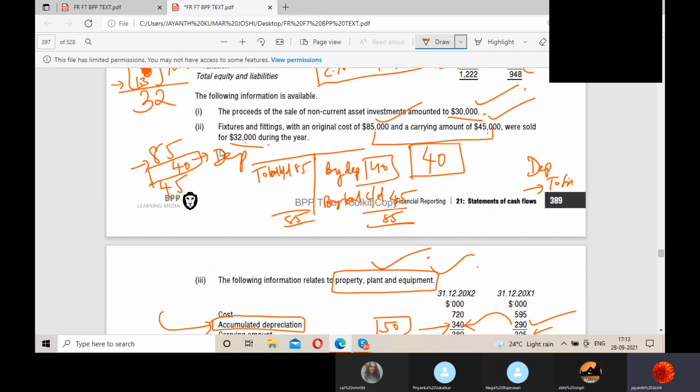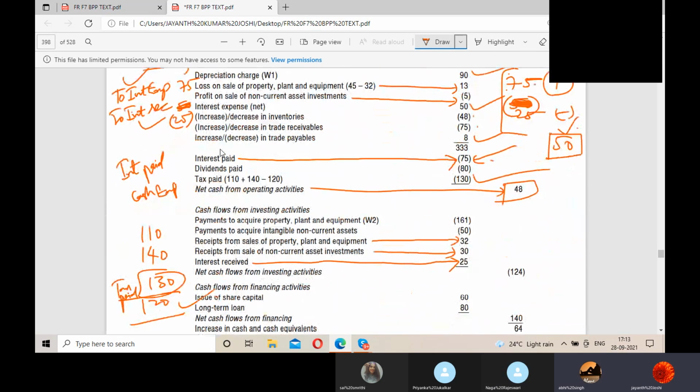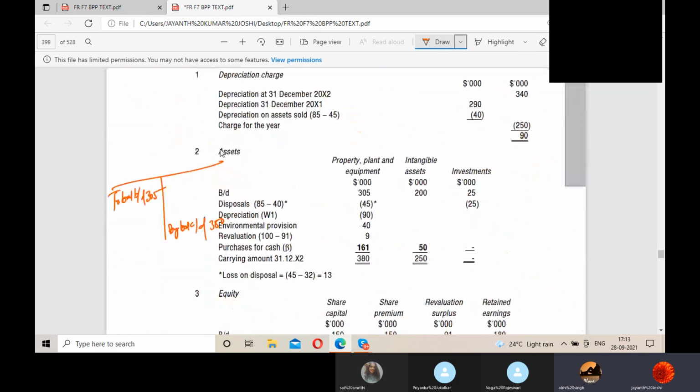Yes, sir. What's the entry? Cash to fixtures and fittings. However, if you write the depreciation here, then it is better. What was the original value of that? 85, correct? Yes, sir. Because I'm not making a separate account, I'm including this in this.